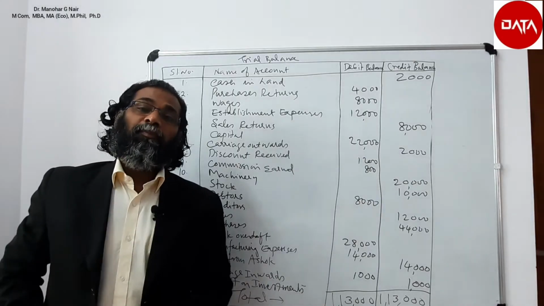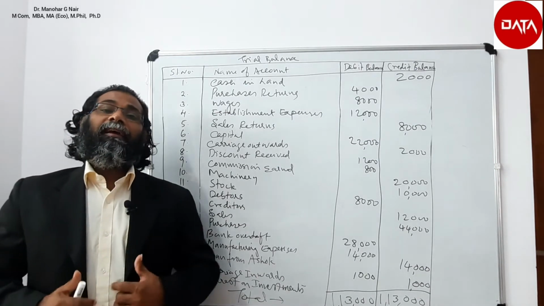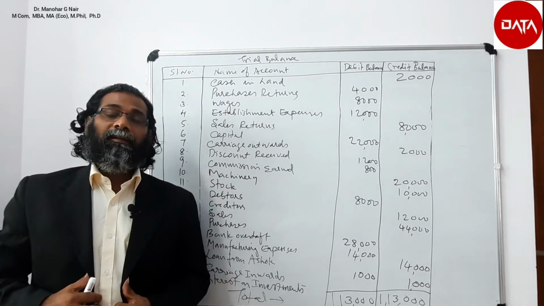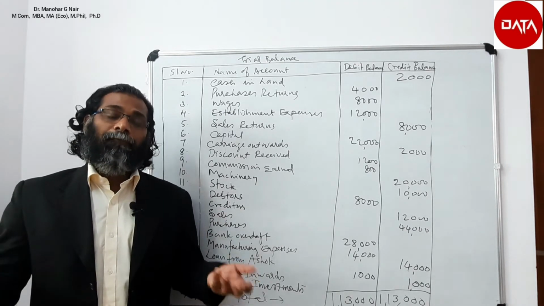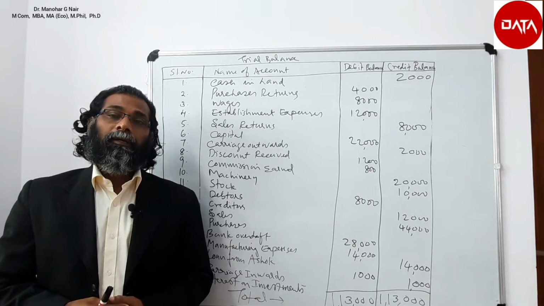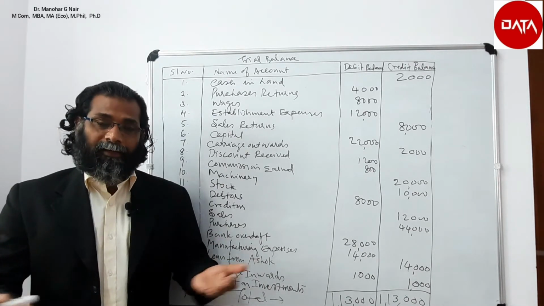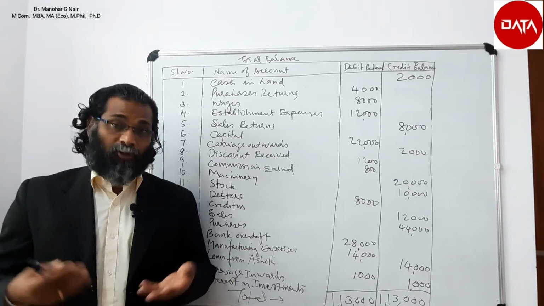The trial balance may be prepared in two ways. One is the total method and another one is the balance method. Under the total method, the totals of both sides of all the accounts will be taken into consideration, and the trial balance will automatically get tallied. Such a method is known as the total method.